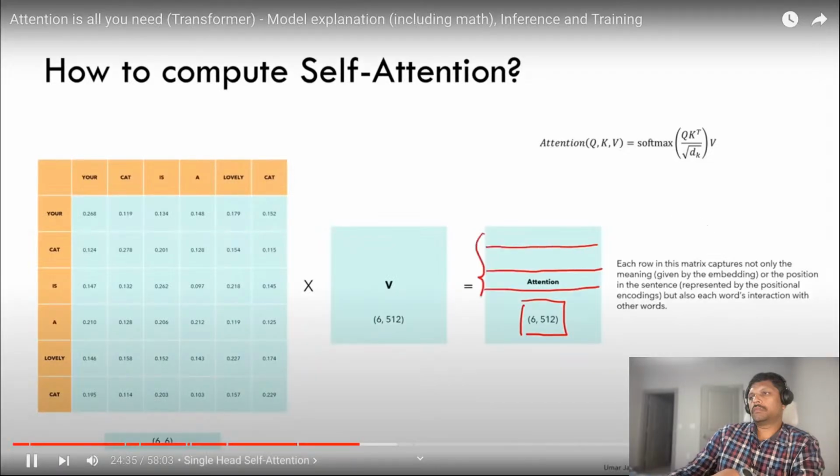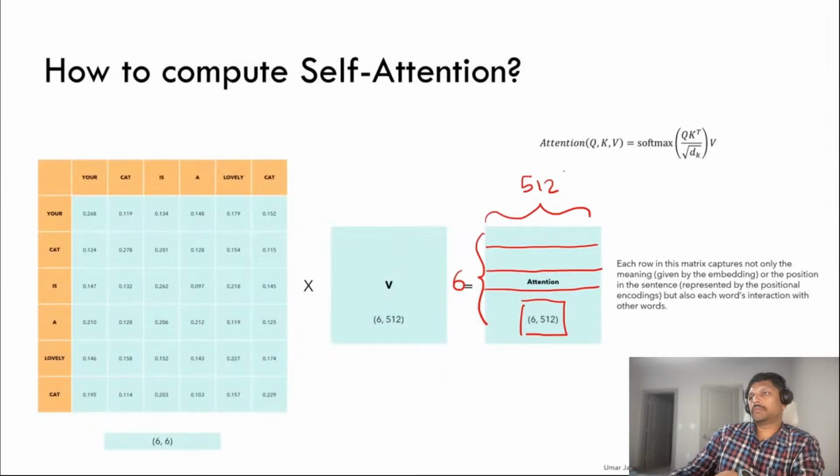6 rows, so let's say 6 rows. These are our words, so we have 6 words, and each word has an embedding of dimension 512. So now this embedding here represents not only the meaning of the word, which was given by the input embedding, not only the position of the word, which was added by the positional encoding, but now somehow this special embedding, so these values represent a special embedding that also captures the relationship of this particular word with all the other words.